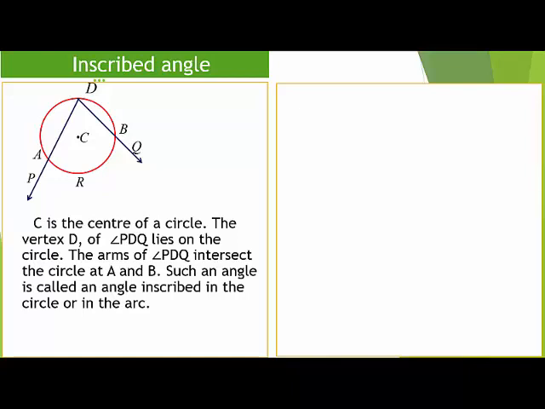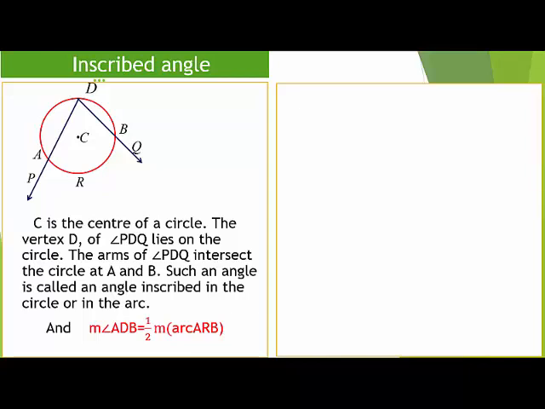The arms of angle PDQ intersect the circle at A and B. Such an angle is called an angle inscribed in the circle or in the arc. And measure of angle ADB is equal to 1/2 measure of arc ARB.